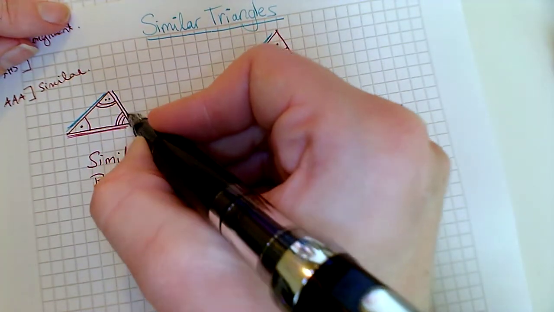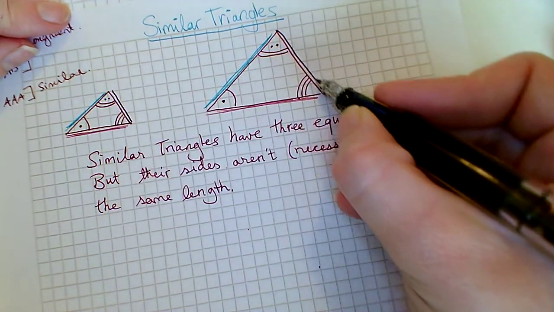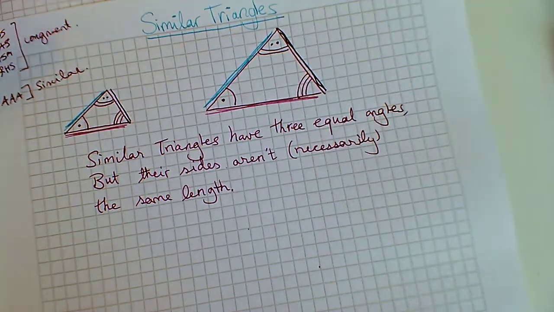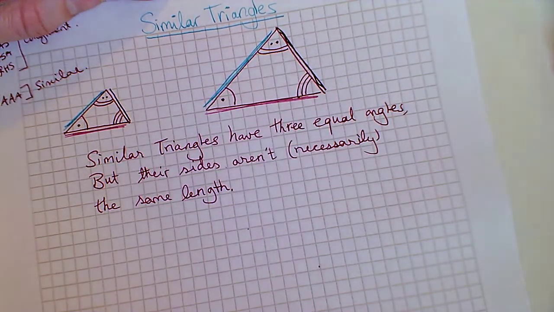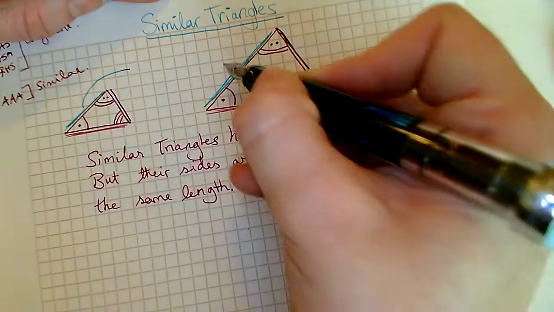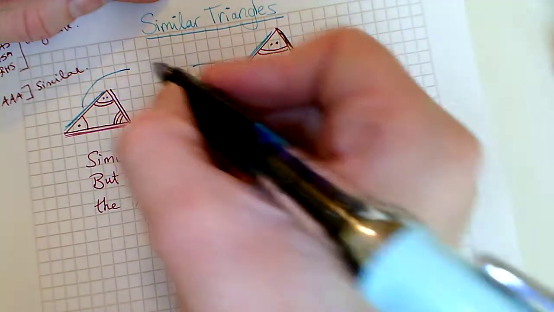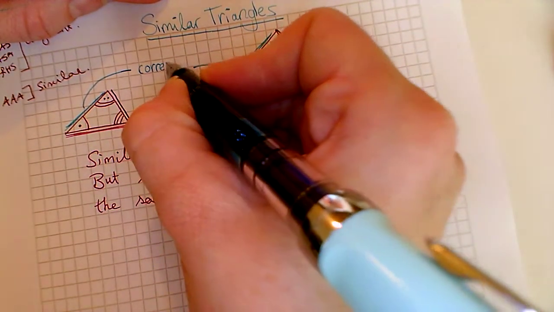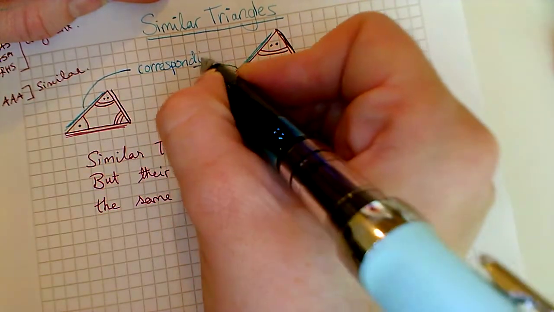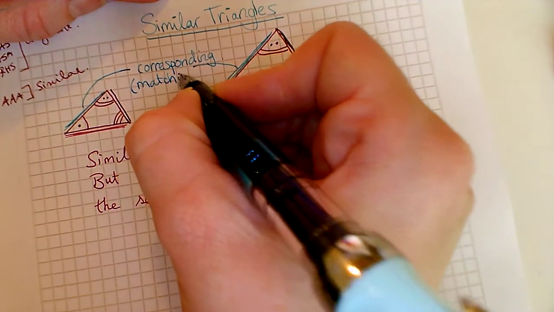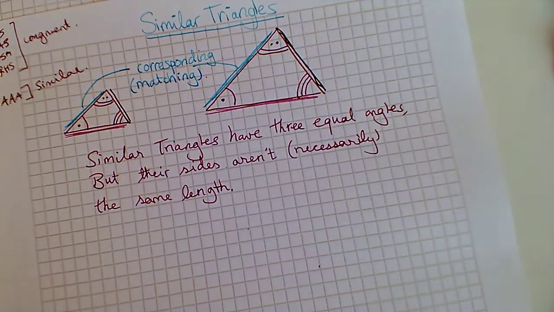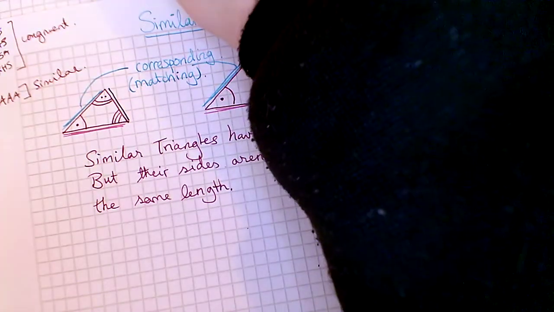And we have these guys here as well, the third one. Now they're not the same length, but there is something similar about them. So what we say is that they are called corresponding sides. So the blue sides that I've drawn in here, they're called corresponding. Corresponding is the maths word for it. I sometimes just call them matching sides. They're not equal in length, but there's something about them that's important.